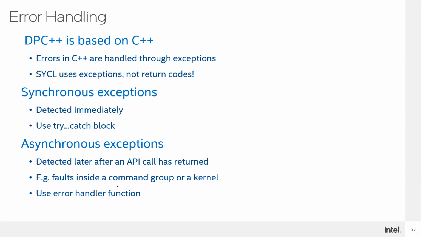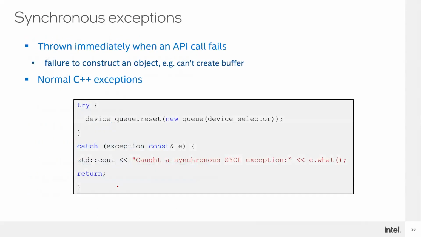For synchronous exceptions, you use a classical try and catch block in DPC++ code. For example, if an exception happens during construction of an object, like creating a buffer or a queue, it will be thrown immediately and you can catch it.